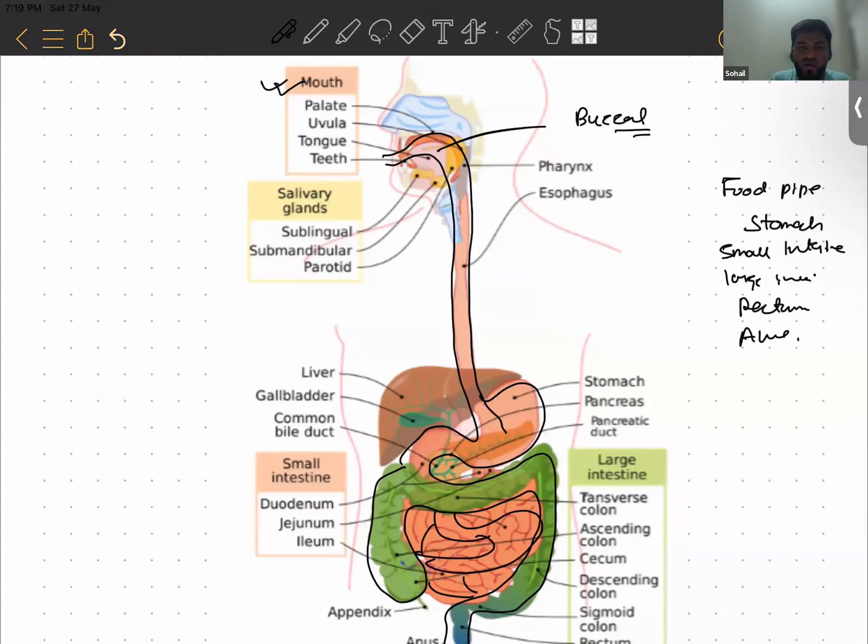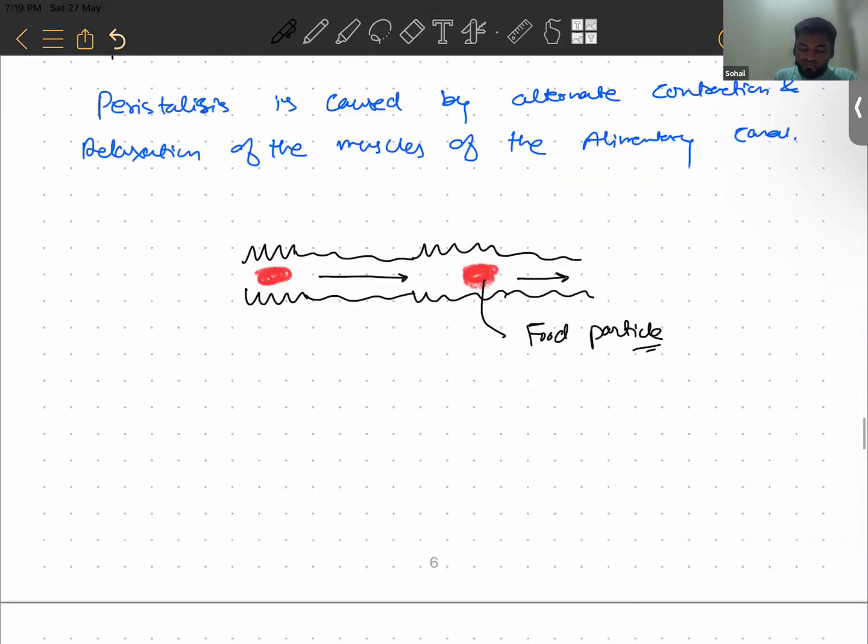From here, your food moves, and all the way through which the food is moving, it experiences peristalsis movement. In the esophagus, that is the food pipe, there is continuous contraction and relaxation of muscles via which the food is passing. Right, Mufaz? Yes.